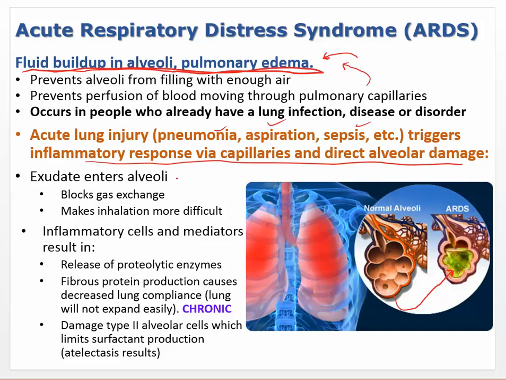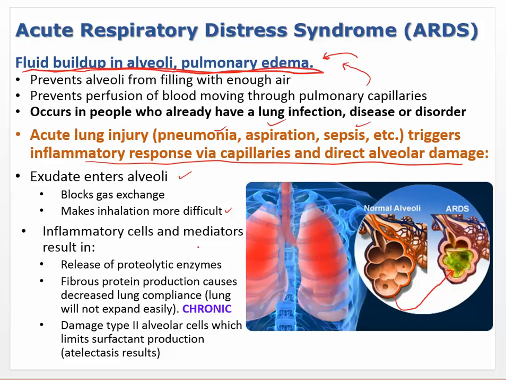So exudate enters the alveoli, which makes inhalation more difficult. Inflammatory cells and mediators result in release of proteolytic enzymes. So now we've got the inflammatory process in overdrive in these alveoli, and it releases proteolytic enzymes.